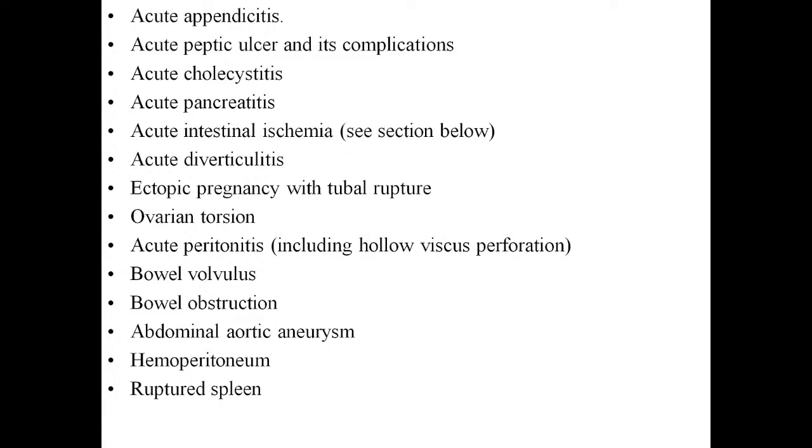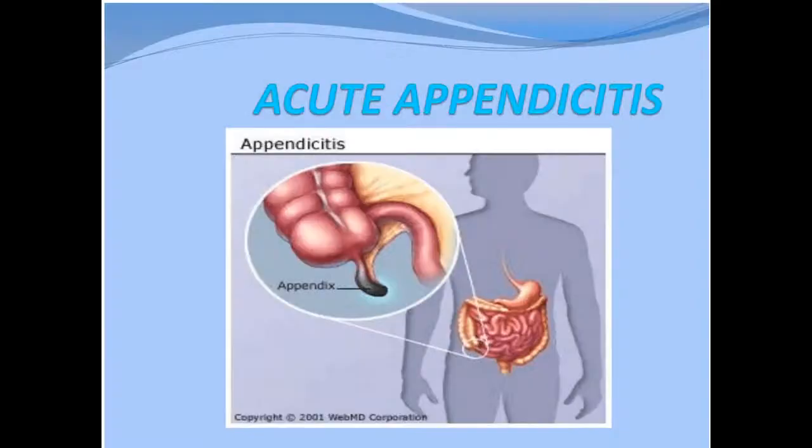And now I show you these diseases. For example, on the slide, you can see acute appendicitis. Now you can see some anatomy. On the slide you can see the small bowel and large bowel, at the beginning of the large bowel, at the end of the small bowel.